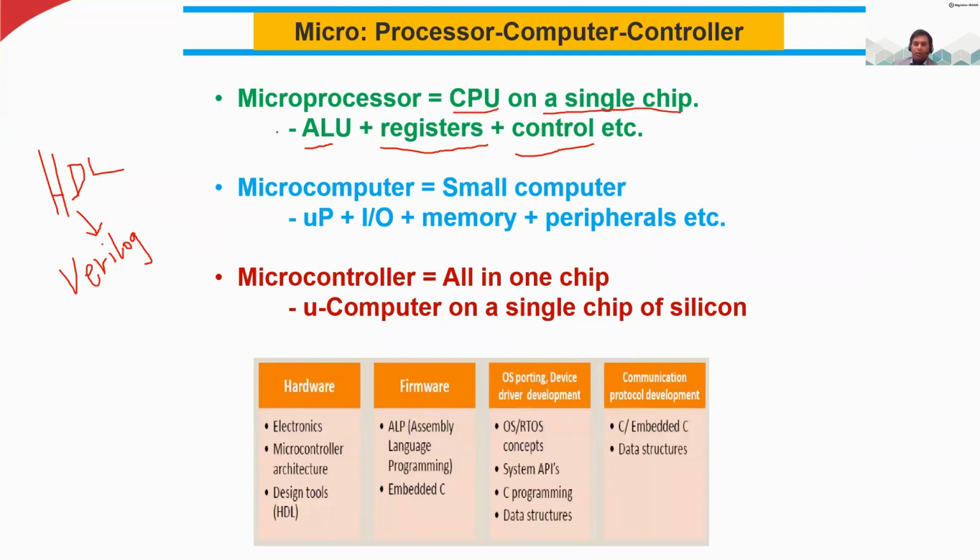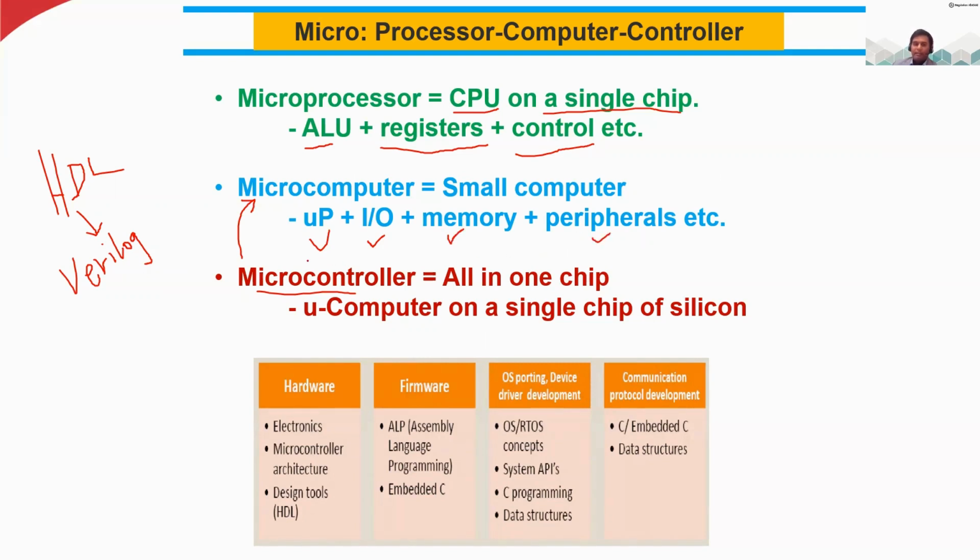Then the microcomputer or microcontroller is a little bit different. Actually, a microcontroller is called a microcomputer. Why? Because it has the microprocessor, and then it has IO ports, the input output ports, also on board, and it has internal inbuilt memory, and it has inbuilt peripherals.